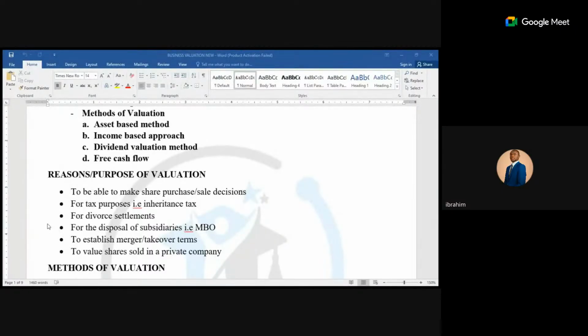For the disposal of subsidiaries, when a subsidiary is not bringing enough funds to the business, for you to dispose of it, you have to carry out a valuation.